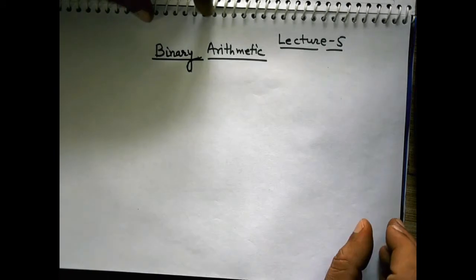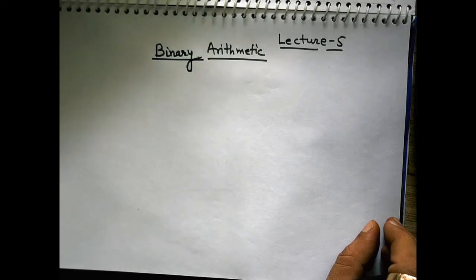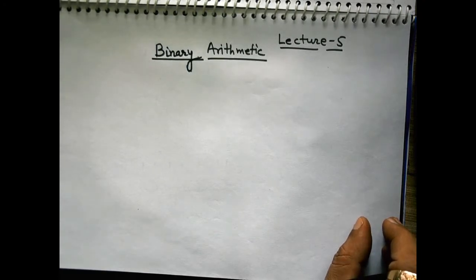Dear students, I welcome you all to the 5th lecture of the lecture series on digital electronics. In this lecture, I'll explain what binary arithmetic is, means binary addition, binary subtraction, binary multiplication and binary division.